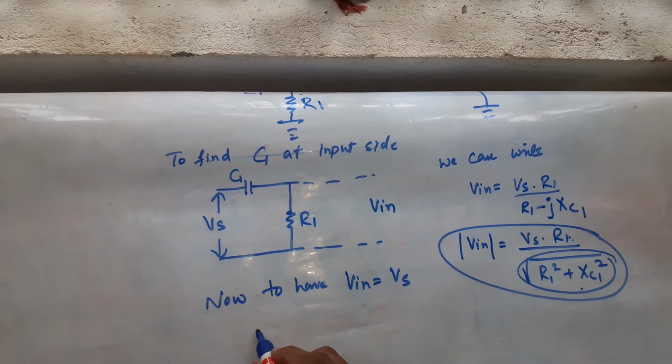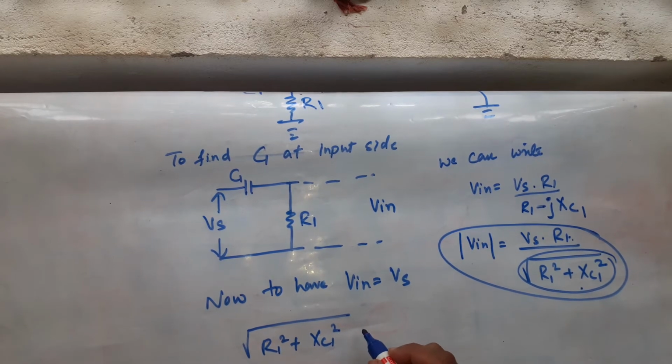So this whole term, square root of R1 squared plus XC1 squared, should become equal to R1.